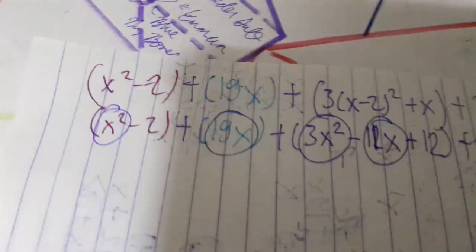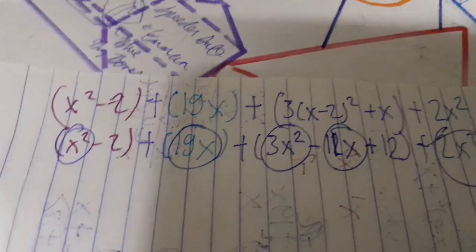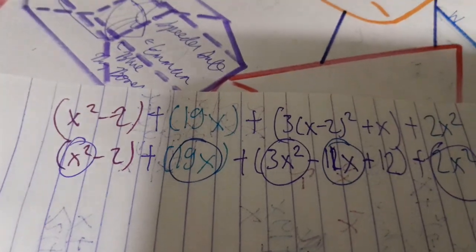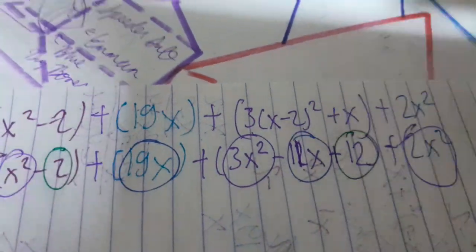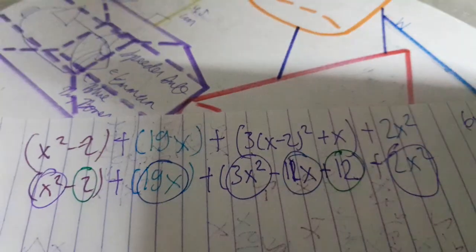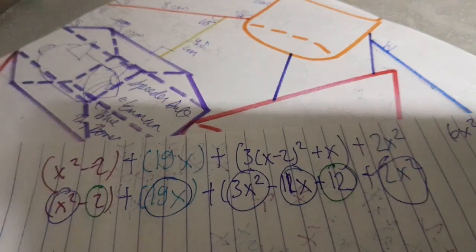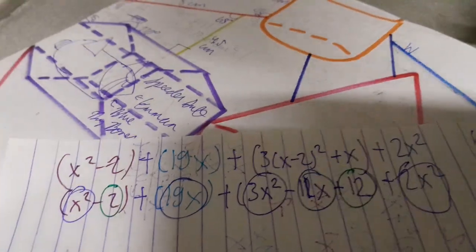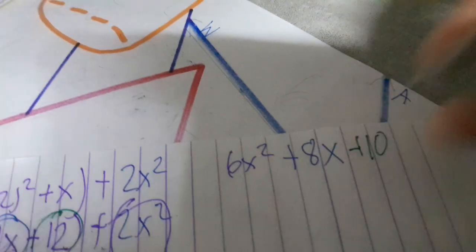Last but not least, the third. Where are the constants? Let's circle the constants in green. This is my green ballpen. Do you like it? So now we're going to circle the constants. Negative 2 plus 12. Negative 2 and positive 12 make positive 10.